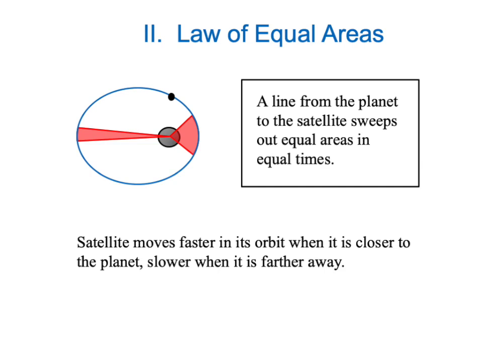So that means that when the satellite is very close, near its pericenter, then it will have to be moving very fast because that line is short. But if it's far away near its apocenter, then the satellite will be moving more slowly because that line from the center of the planet to the satellite is much longer. Equal areas in equal times.